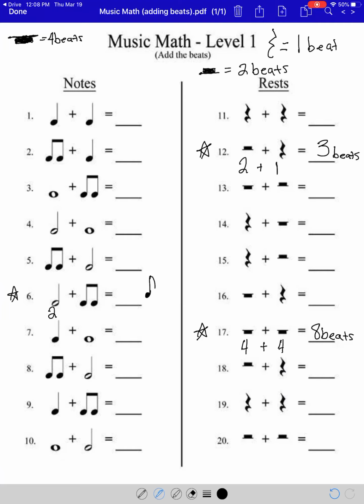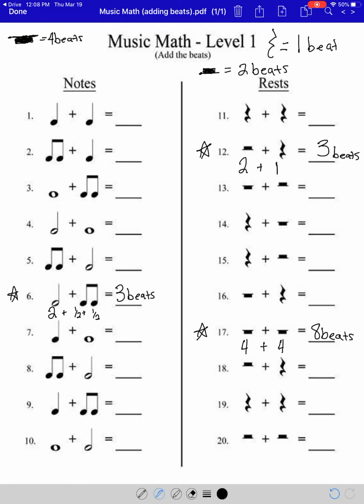They have a little flag. But sometimes you can link 2 of them together, and when you do, you get 2 of these. So this would be 1/2 and 1/2. So really I'm adding 3 things here. 2 plus a half is 2.5, plus another half would be 3. And so this is 3 beats.